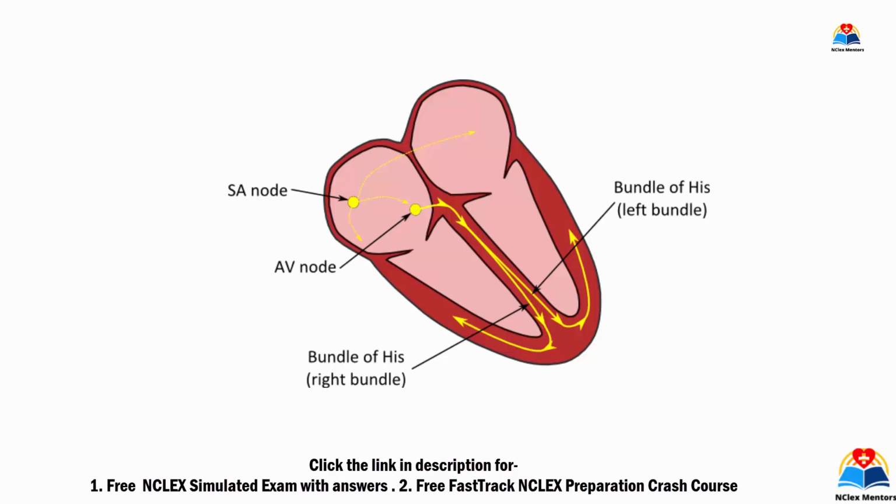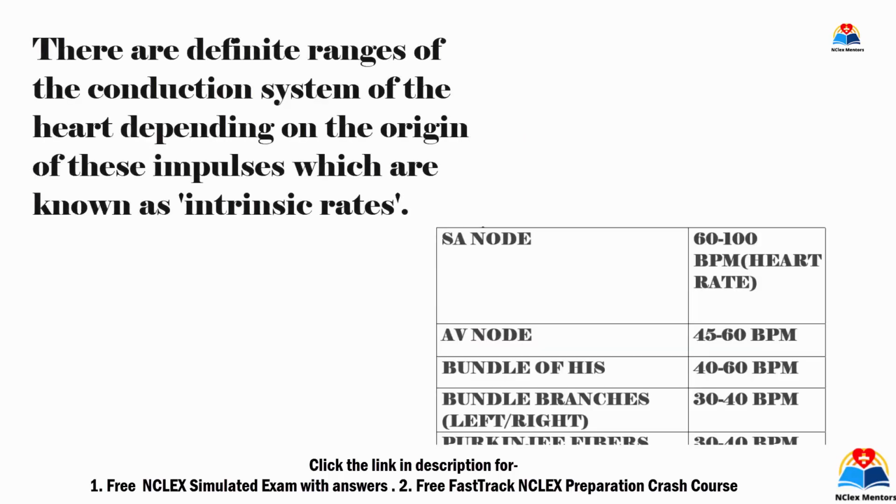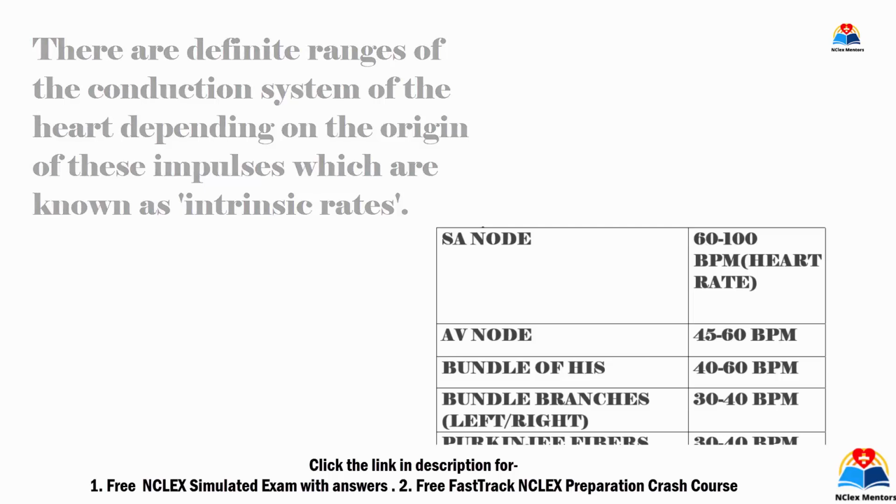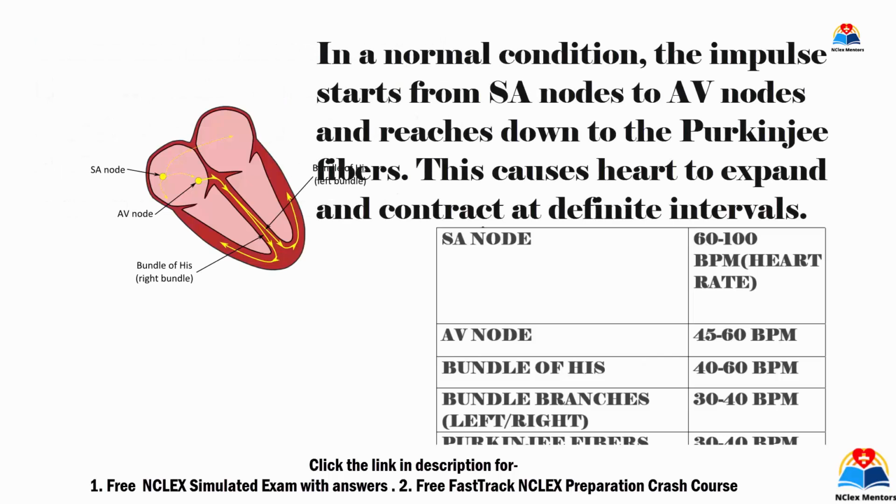When the signal reaches the AV node, it branches out to the bundle of His and then to the right and left bundle branches and reaches the conduction branch near the apex of the heart, also called Purkinje fibers. Note that there are definite ranges of the conduction system of the heart depending on the origin of these impulses, which are known as intrinsic rates. So, as we discussed earlier, in a normal condition, the impulse starts from the SA node to the AV node and reaches down to the Purkinje fibers.